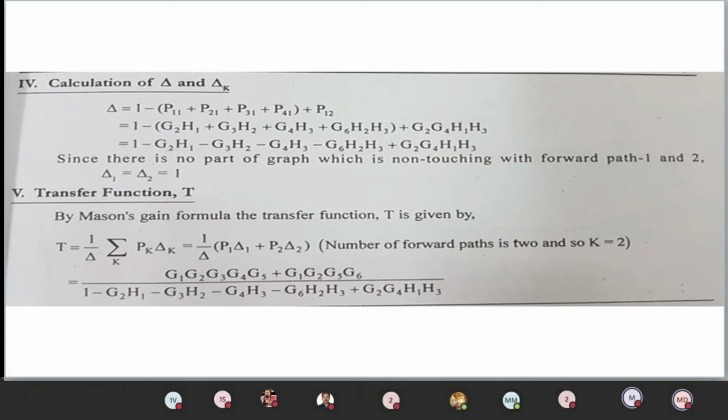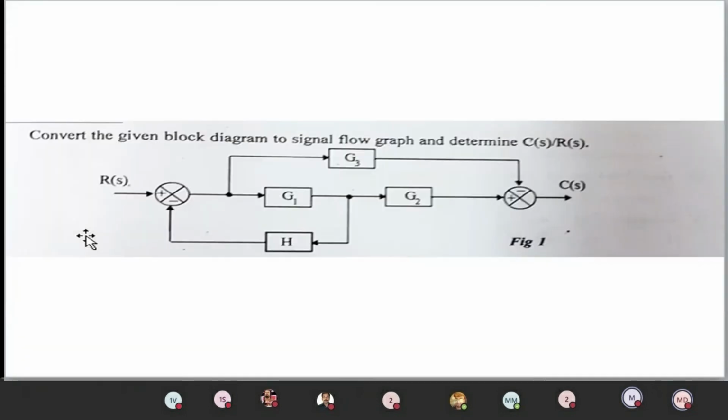Right. So now at the next step, I hope you have further understood how to approach the GATE question, particularly related to signal flow graph. Sometimes during the exam, the block diagram may be too complex.